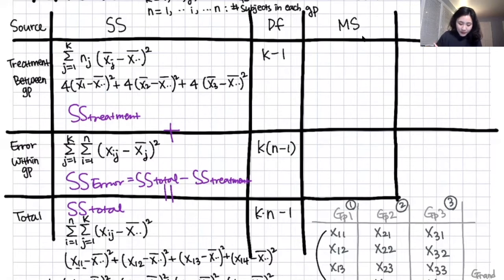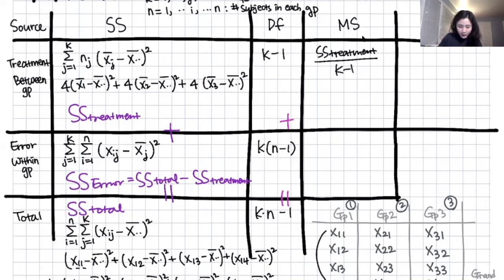The degrees of freedom of treatment plus the degrees of freedom of error is equal to the degrees of freedom of total. And mean square treatment is the sum of squares treatment divided by the degrees of freedom of treatment, so I can rewrite this as k minus 1.